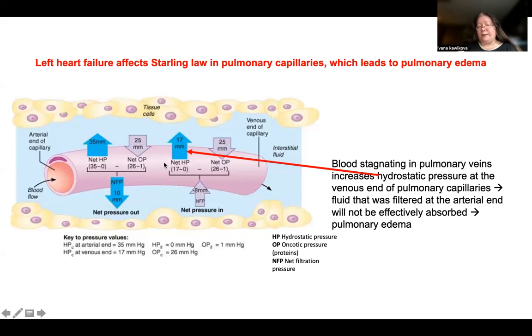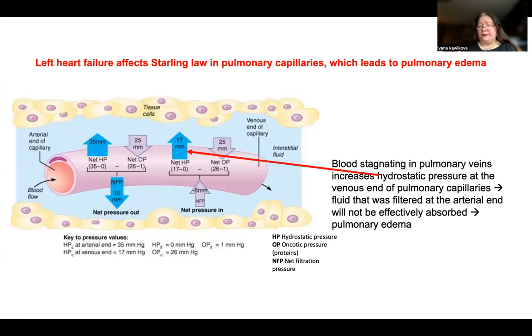So what happens is that here fluid is filtered, and here at this end it's not possible to reabsorb it because that force of hydrostatic pressure here is higher, and it will prevent the reabsorption.